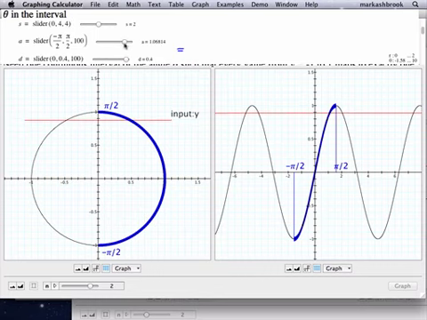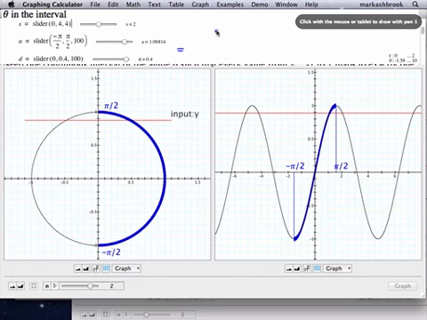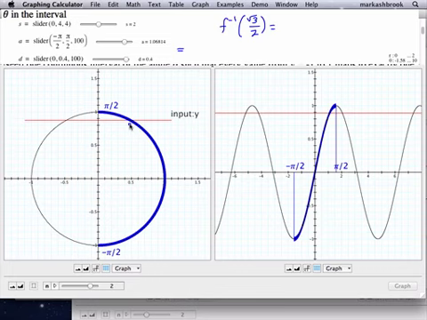Okay? So what is the true output of Arcsine, the one value? Okay, I heard pi over 2 and I heard pi over 3. Which is it? It's this angle right here, which is pi over 3.